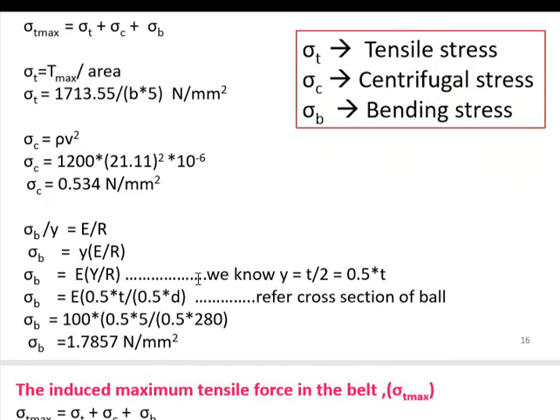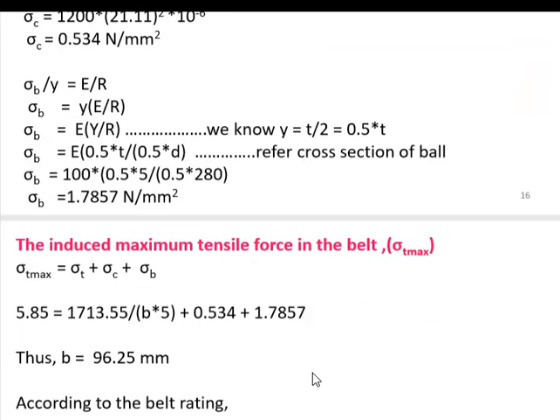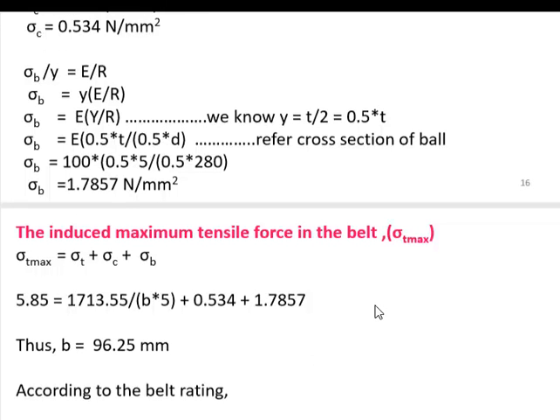Sigma B, that is the bending stress, can be found out by the flexural formula, and substituting Y, that is from the center to the outermost fiber, and R, that is the radius of the pulley, and E, that is the Young's modulus, sigma B can be calculated. It comes around 1.7857 Newton per mm square.